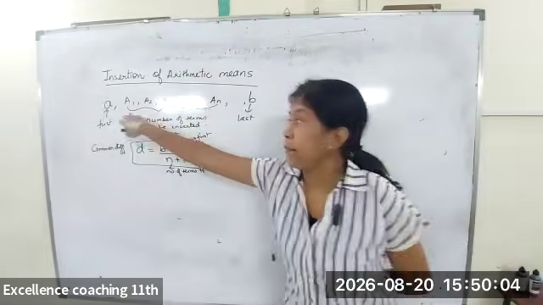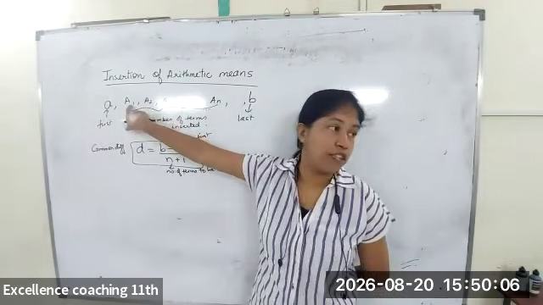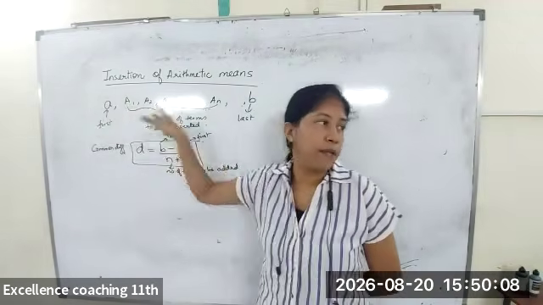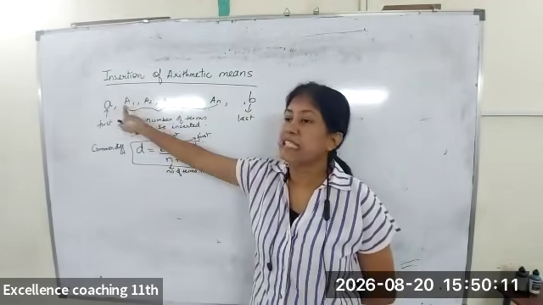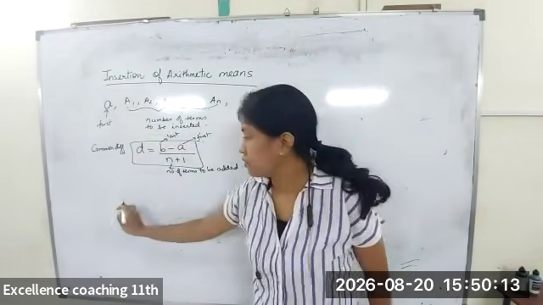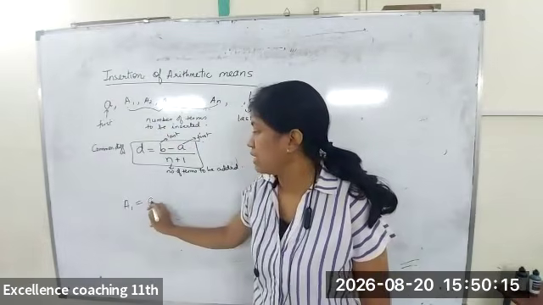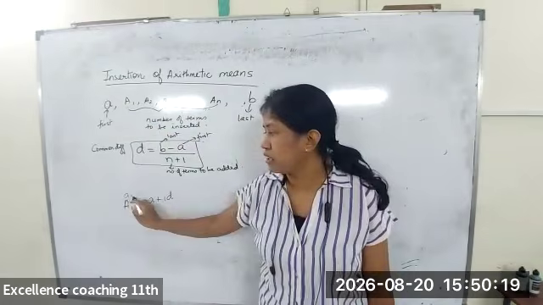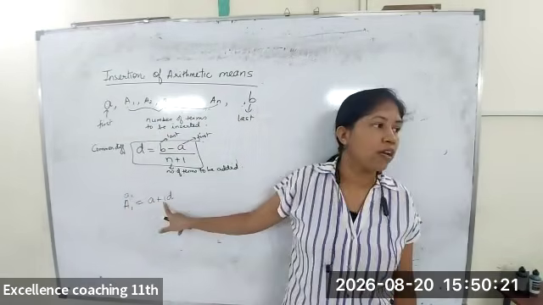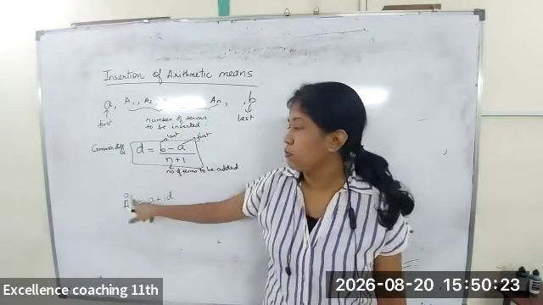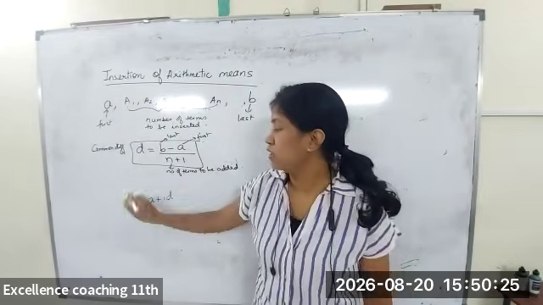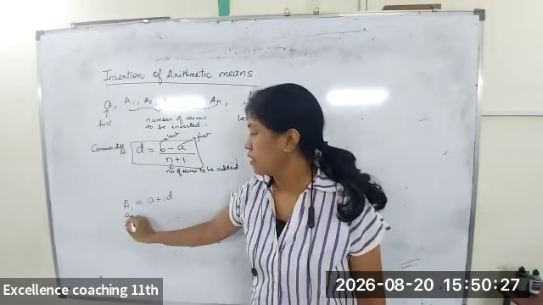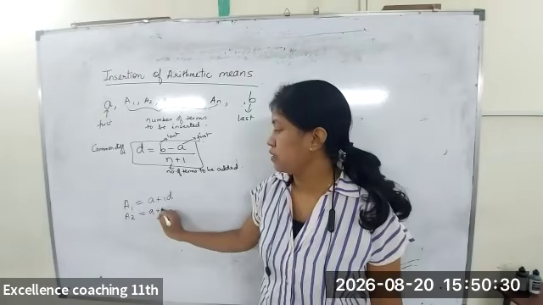Now in the actual AP, A1 is which? Is it the first term? Actually, if you see the full AP, it is the second term, correct? That is why you have to take it as A plus 1D, although it's like a small A1. A2 is the third term, that is why the first inserted term is A plus 1D and the second will be A plus 2D.